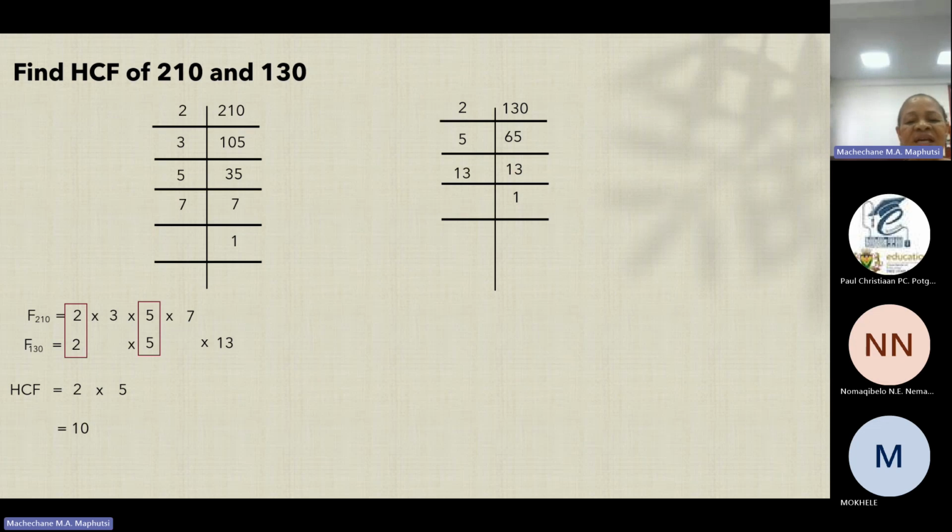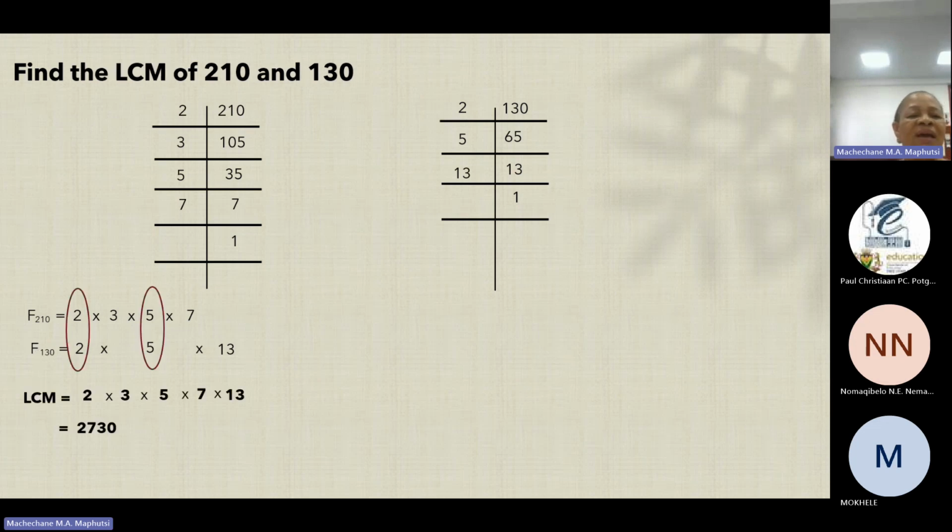So now let's check what happened in LCM. In LCM, we are wrapping up. You list the prime factors, finding them from any method, even a calculator you can use. After finding them, all the numbers have to be written, but those that appear twice, because I'm having two lists of numbers, you write them once.